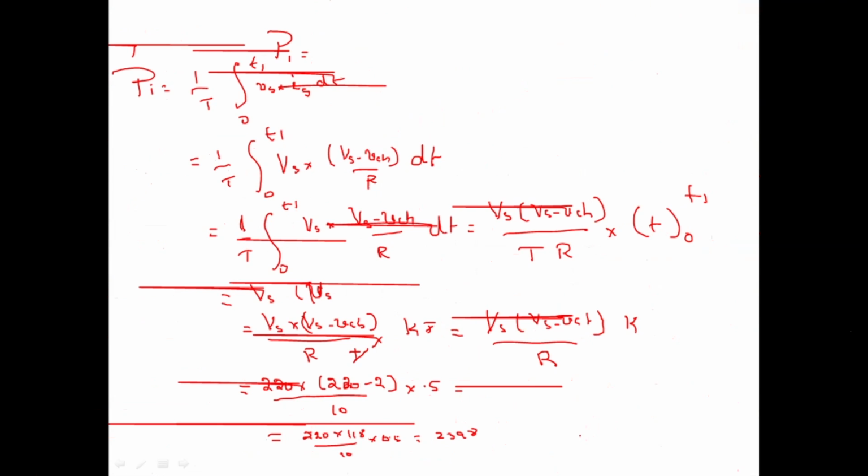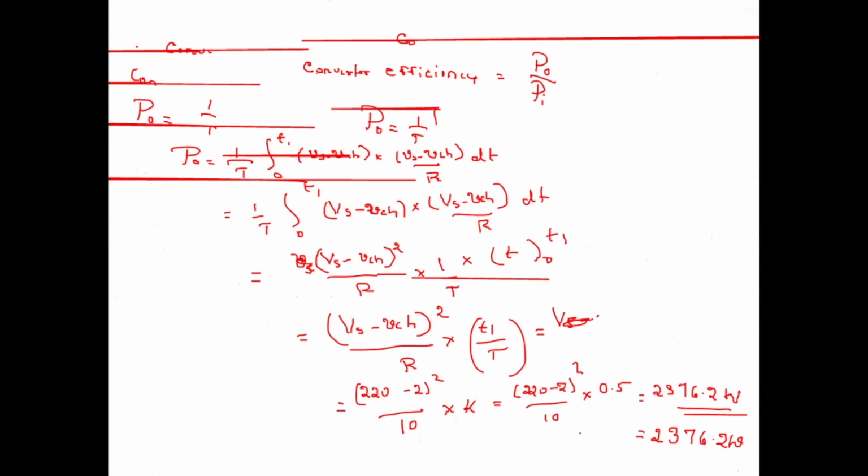So what is the converter efficiency formula? I said it is P naught by Pi. What is P naught? P naught we have already calculated. This value is 2376.2 watt.